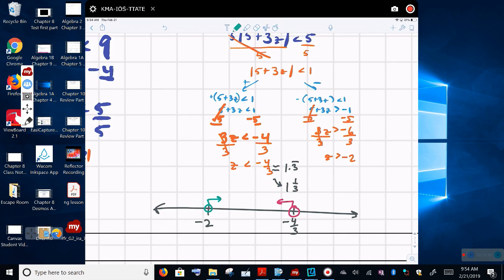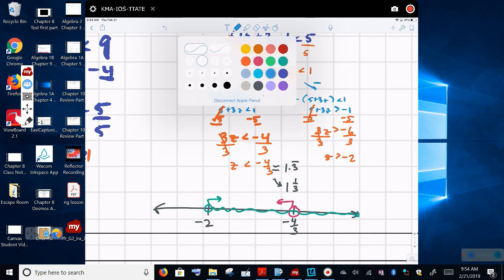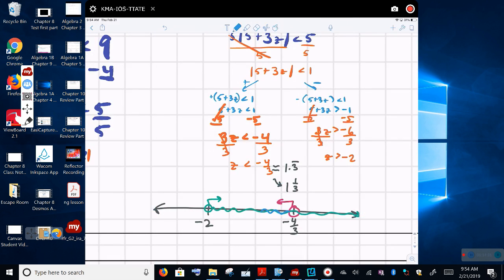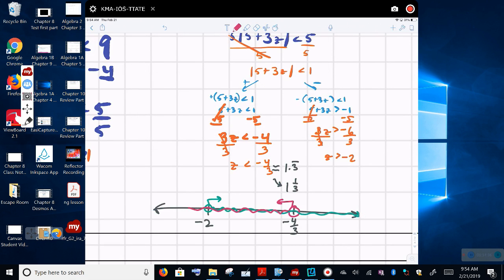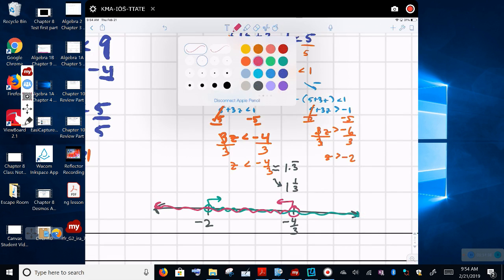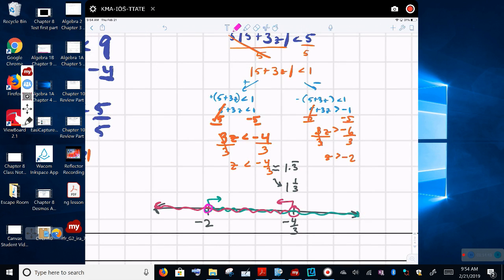So my actual answer will be the parts that overlap each other. What you really want is the part that works for both of them. So I will do that with open circles, and everything in between.